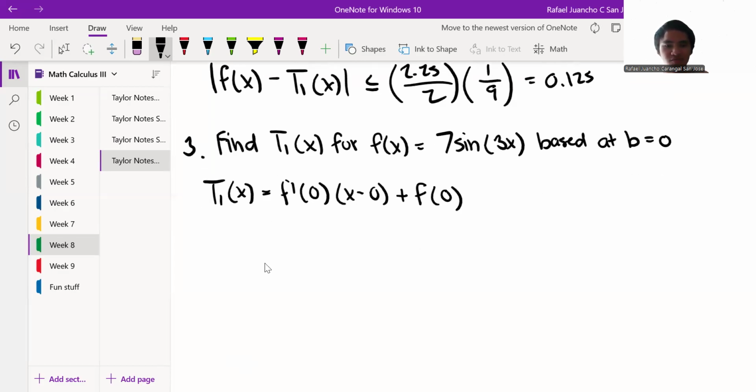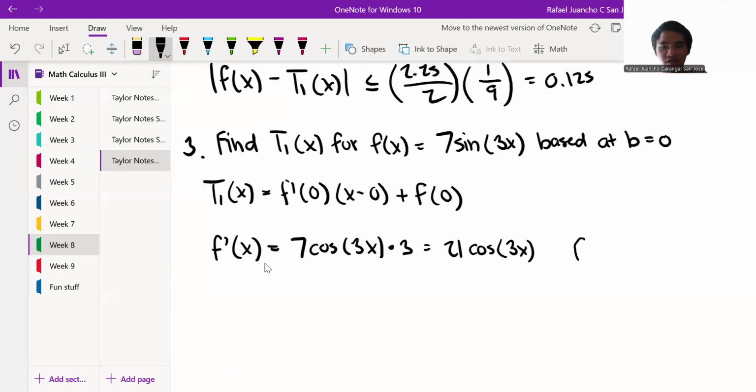So here I try to find my derivative. And so that's 7 cosine 3x times 3. That's 21 cosine 3x. And then my f prime at 0 is 21 cosine 0. Cosine 0 is 1, I believe. So this is 21. And then my f of 0 is 7 sine 0.